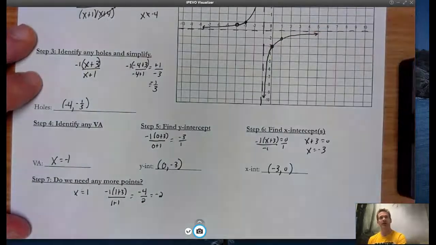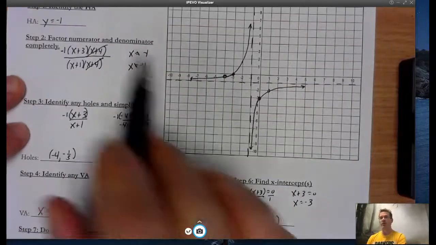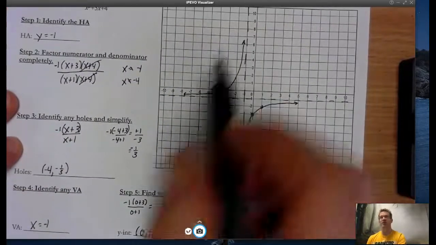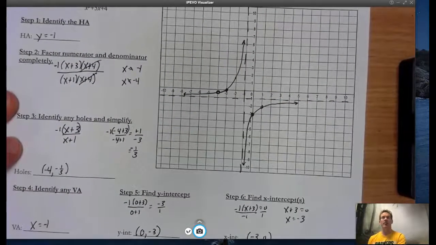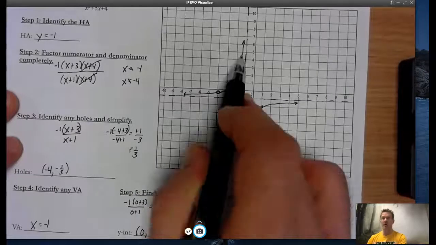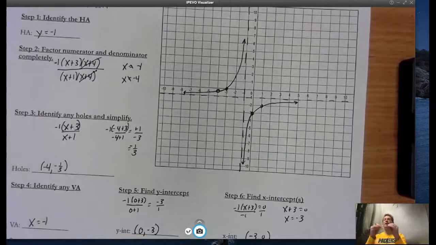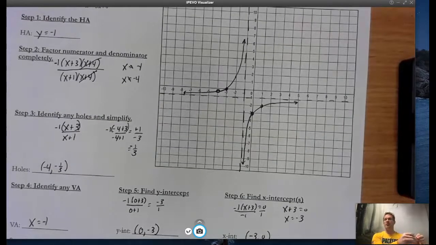So there's (1, -2). You could pick points and plug those in and just generate more points on your curve if you feel like there wasn't enough information for you to sketch your graph. Same thing, I could plug in -2 here to make sure that it's going up. Remember, you can always add more points if you're unsure.